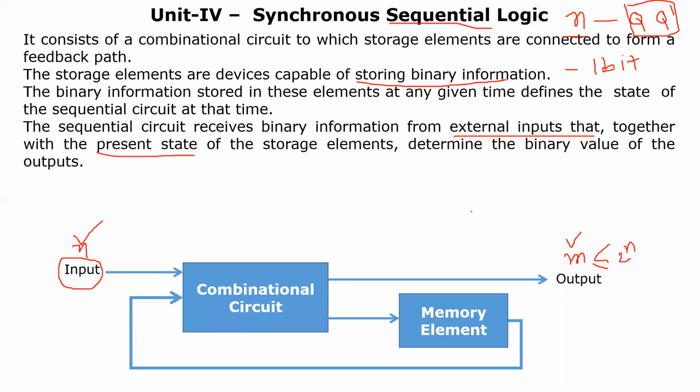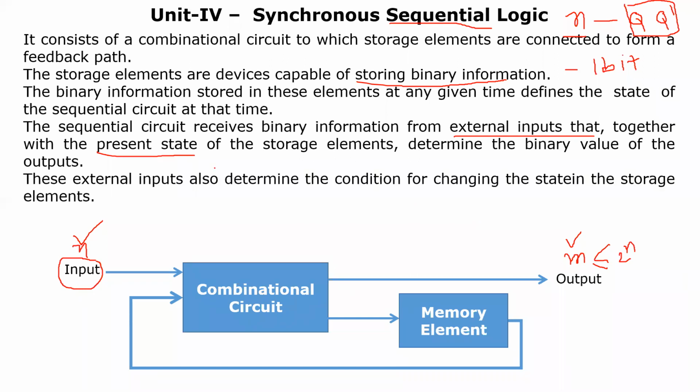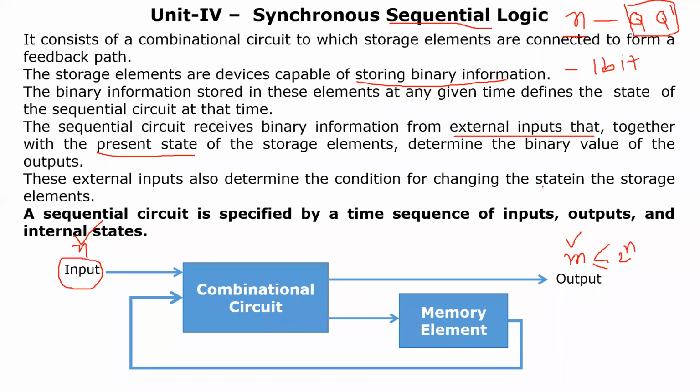Based on that, they produce the output. The external inputs might be defined by taking the state in storage. State in storage, in the sense, is the present state that will be taken into consideration, and together with the present state of information, you may take some external inputs also.